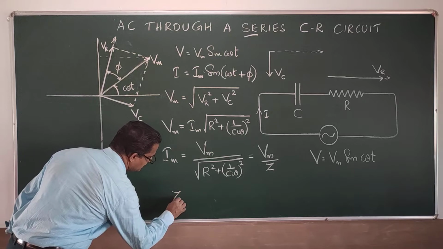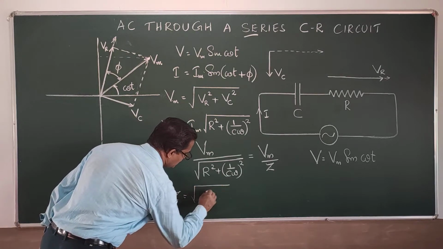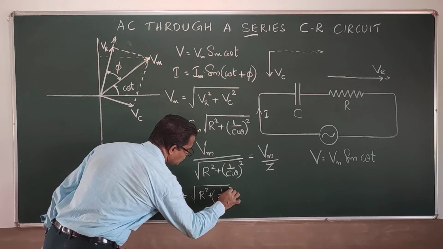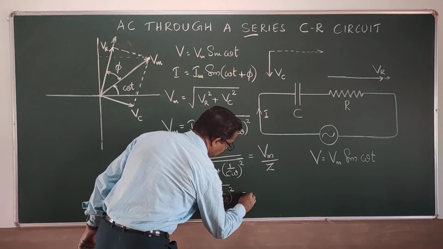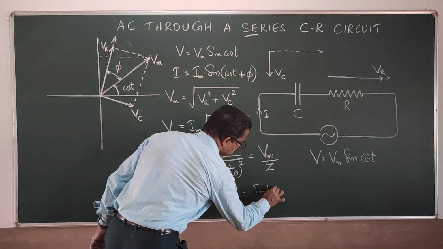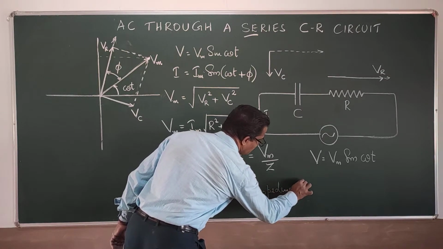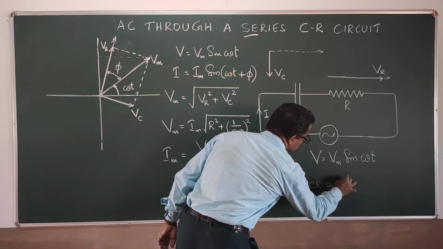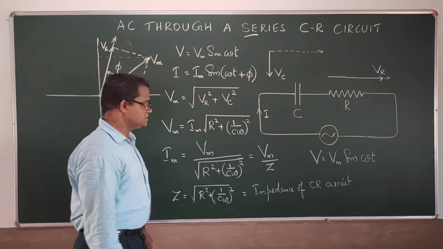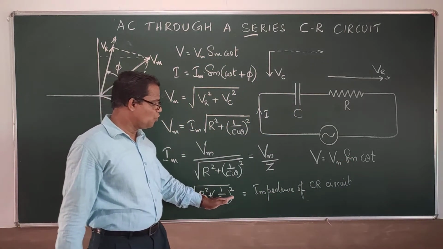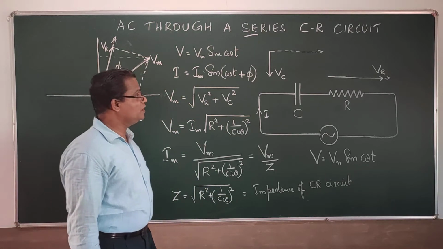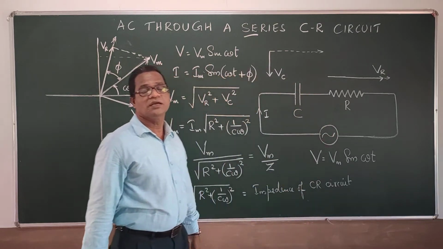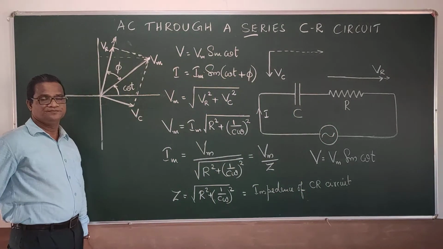where Z equal to root of R square plus (1 by C omega) the whole square, called impedance of the CR circuit in series. That is the effective opposition offered by the capacitor and resistor to the flow of alternating current through the circuit.